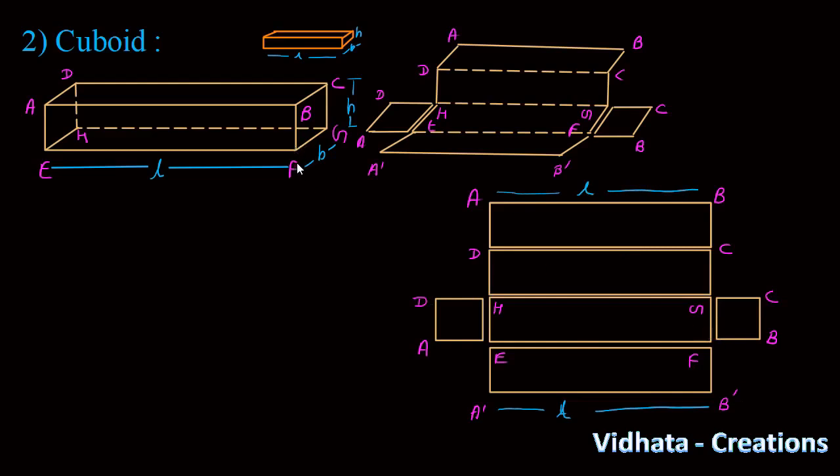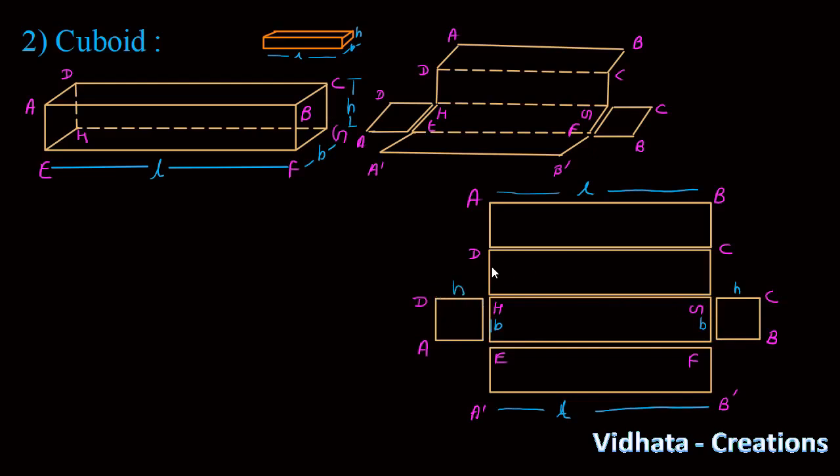Here F to G is b, so this length is b and this length is b. Here you have to take care which is breadth, which is length, and which is height. C to G is the height, and likewise H to D is a height.